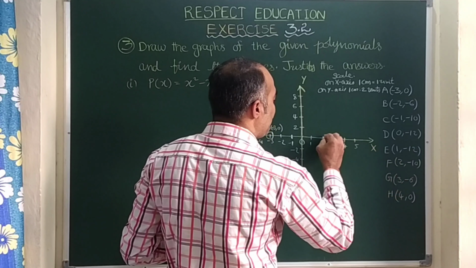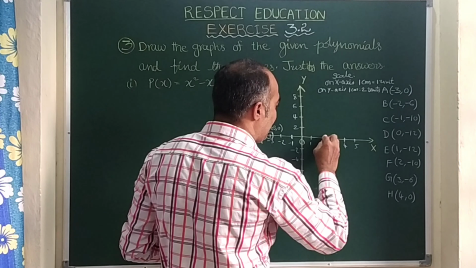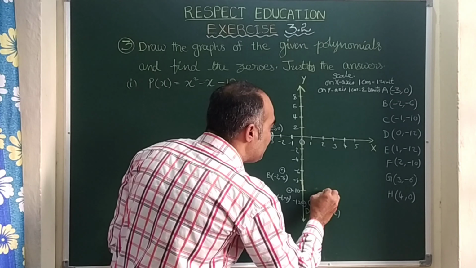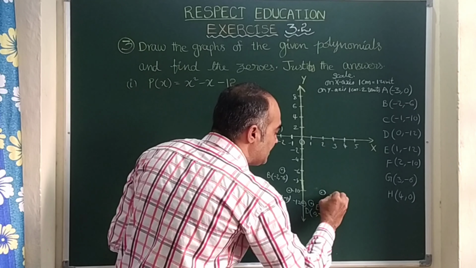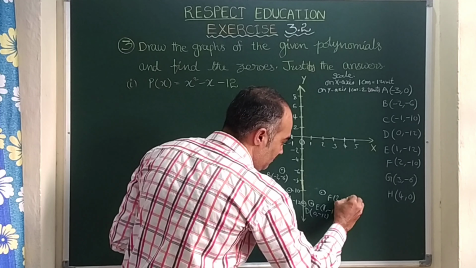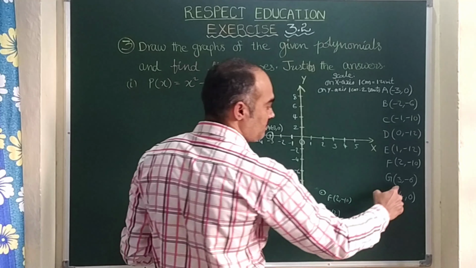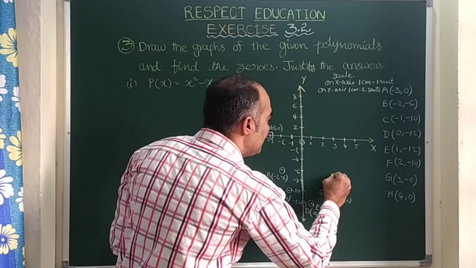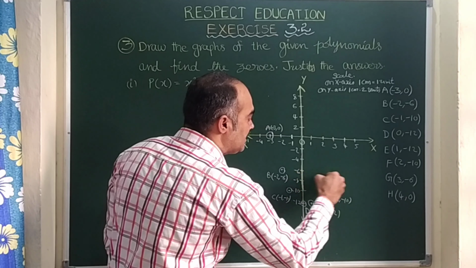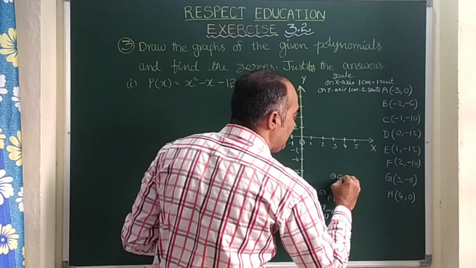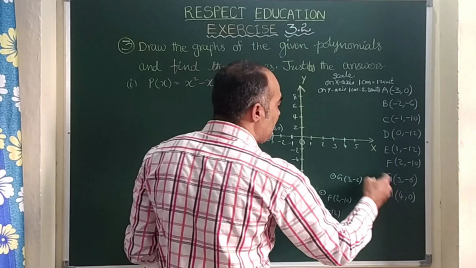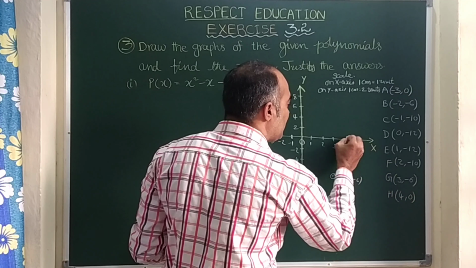Now my bike is to be at 2, at minus 10 on that line. This is F, 2 comma minus 10. Now my bike is at 3. I should go to minus 6, which means down. So this is 3, this is minus 6. This point is G, 3 comma minus 6. Now the last one, my bike is at 4, that is 0. So I should not go anywhere.